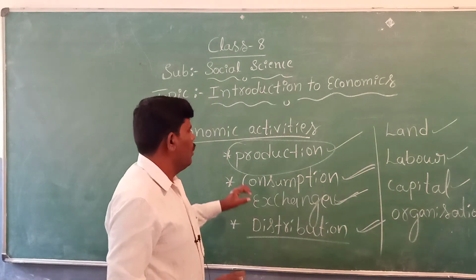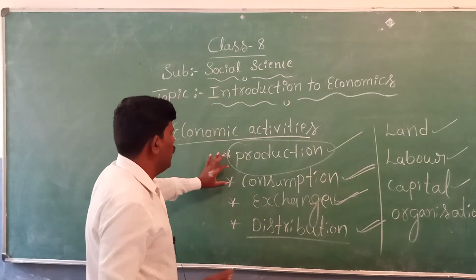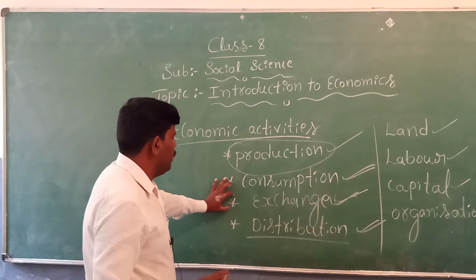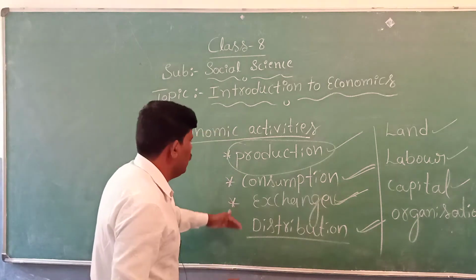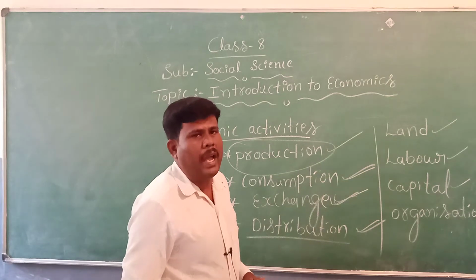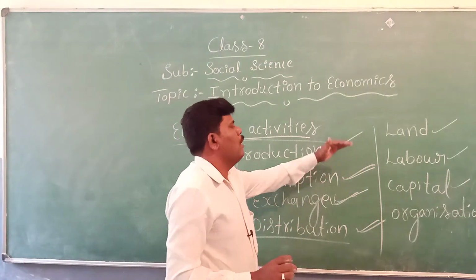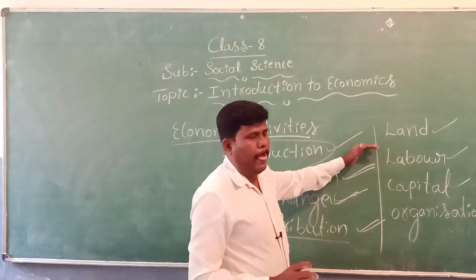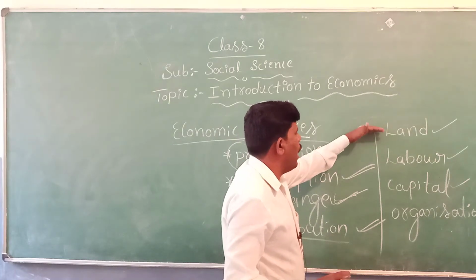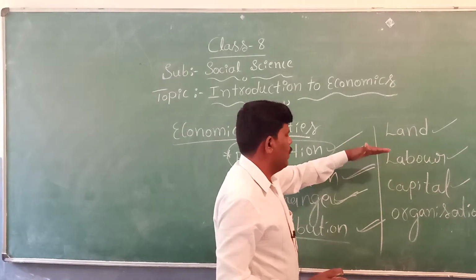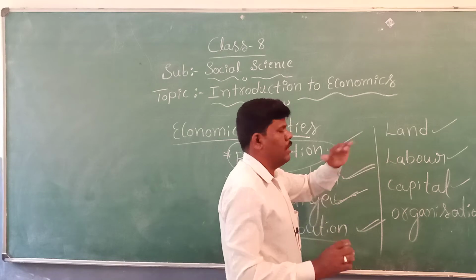Look at the board: production, consumption, exchange, distribution. These are all the economic activities. And the factors of production, there are four: land, labor, capital, organization.